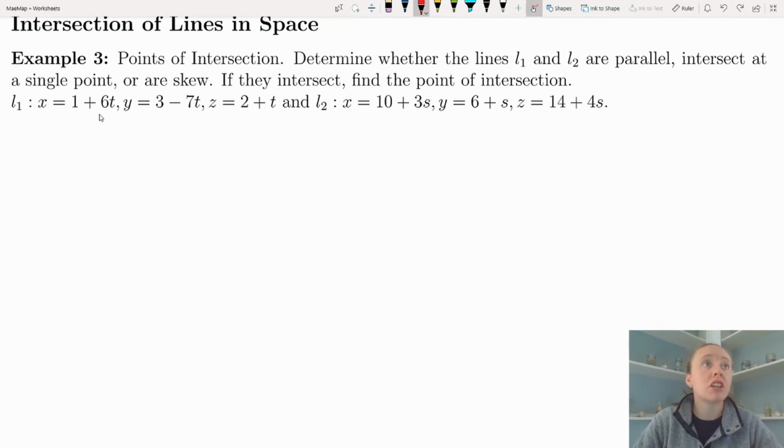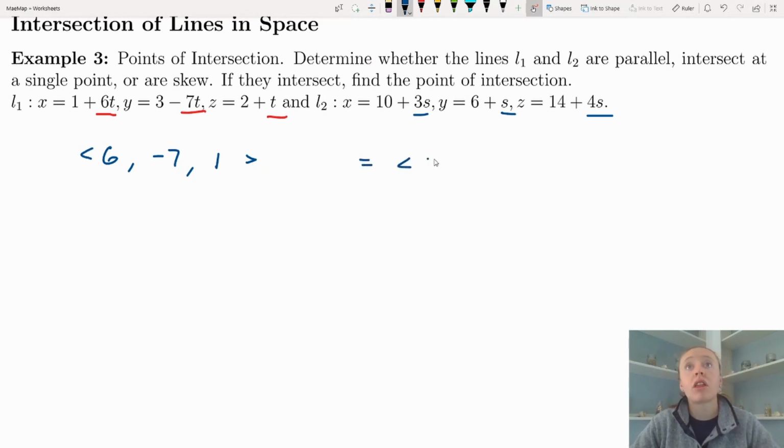So if we just look at what's multiplied by t in each of our equations, or in the case of L2, what's multiplied by s, if these are parallel, I will be able to multiply my coefficients, 6, negative 7, and 1, by some scalar to get 3, 1, and 4, the direction of my vector v in the case of line 2.